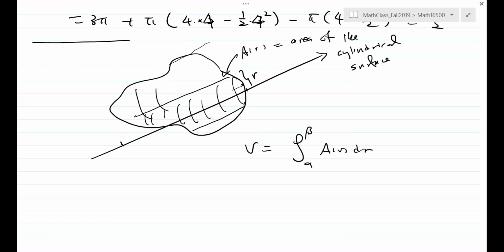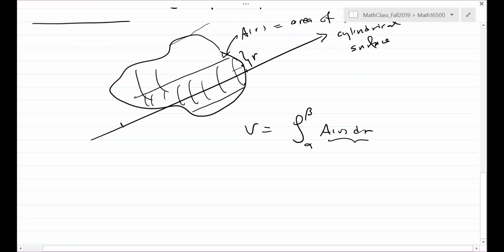So that's the formula. You can show that in mathematics it's true. Now, what is the geometric meaning of this? This means cylindrical shells, and dr is the thickness of the cylindrical shell. If we know the surface area, multiplying by dr gives us the volume of the slice.